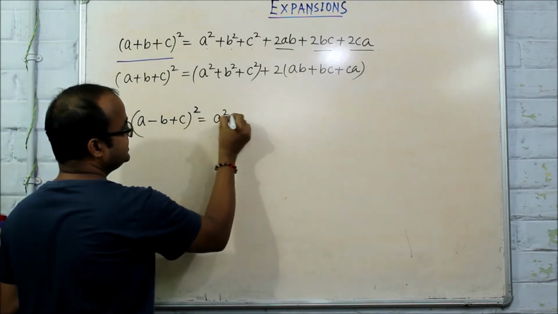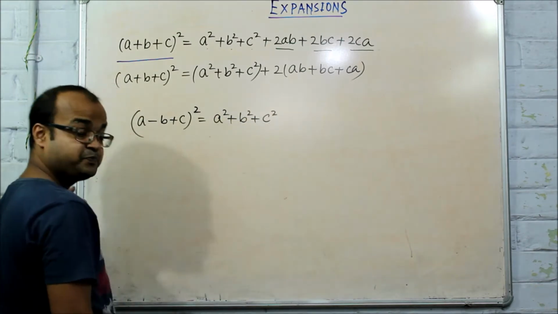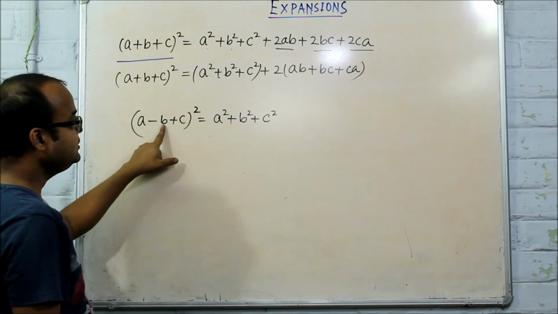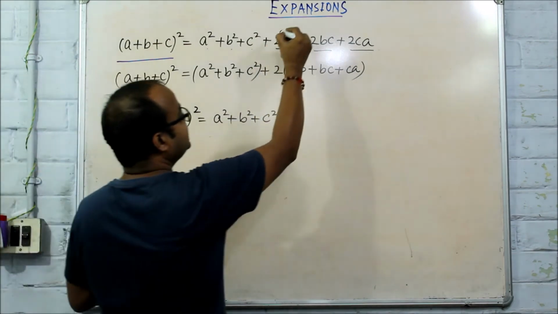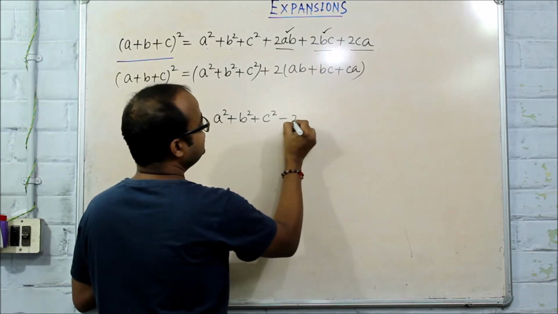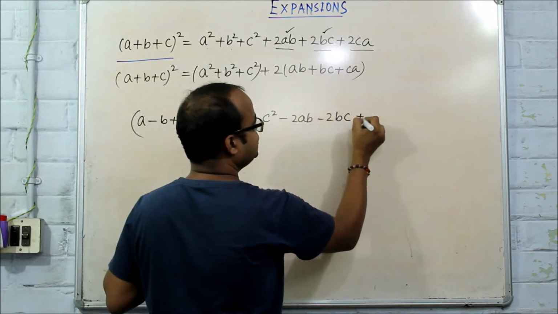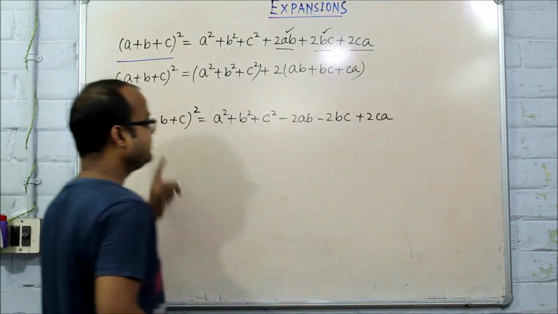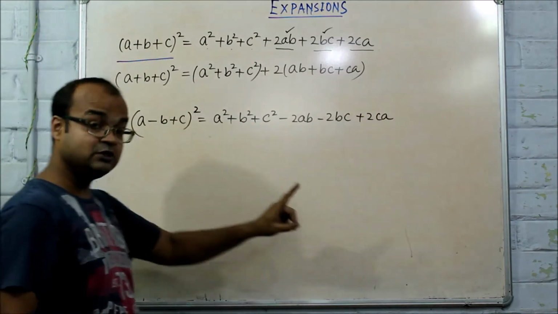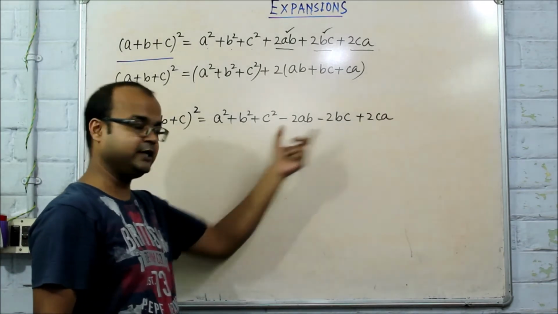So we write a square plus b square plus c square. Clear? Now, b is negative, so in this formula, the terms containing b will become negative. So minus 2ab minus 2bc plus 2ca. Because b is negative, the terms containing the linear expression of b will become negative.